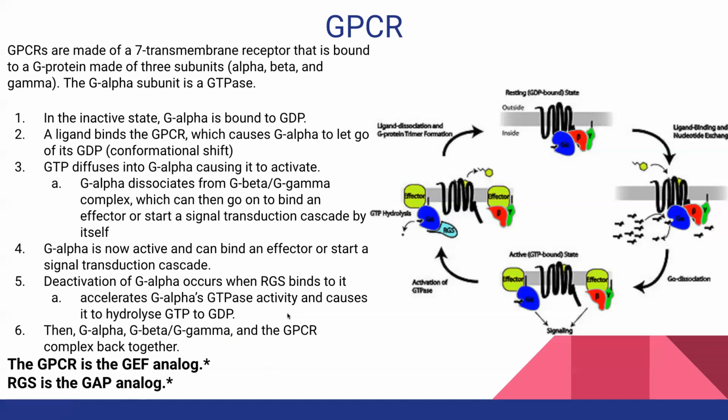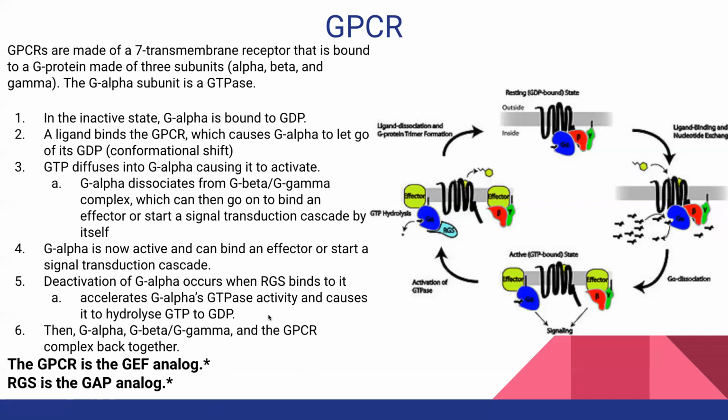So we have RGS binding that, acting as a GAP analog, meaning it acts in the same way that a GAP does. It's not a GTPase, so it does not hydrolyze GTP to GDP itself. Instead, it helps the G alpha subunit do that faster. It just accelerates the process of the G alpha subunit.